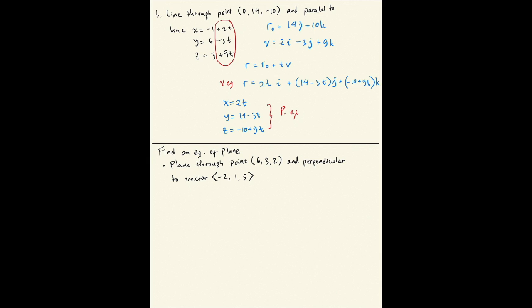The plane goes through point 6, 3, 2 and is perpendicular to the vector -2, 1, 5.